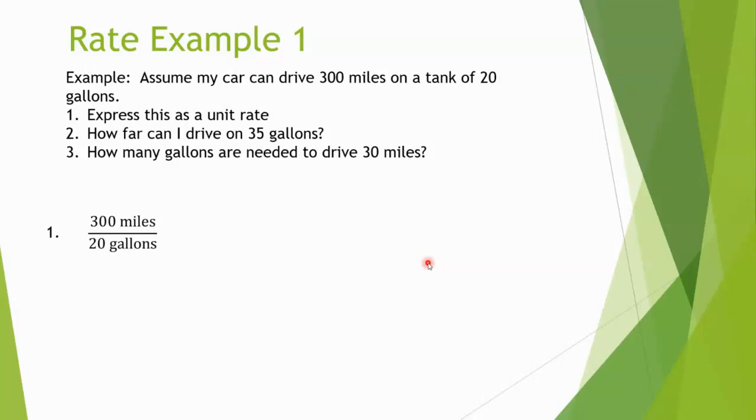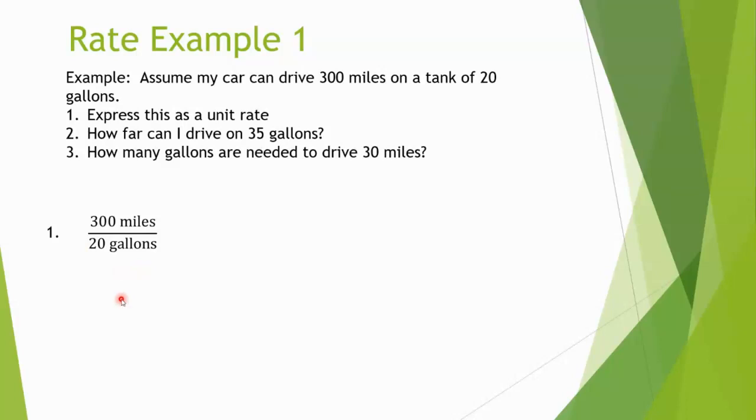We want to express that as a unit rate. And we did that already, actually. We have 300 miles, we're driving 300 miles, and we're able to drive on a tank of 20 gallons. So our rate is this quotient, 300 miles over 20 gallons.